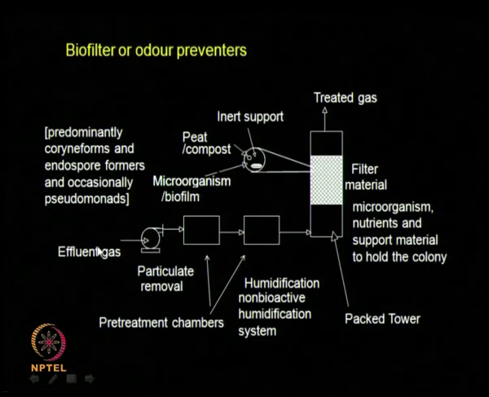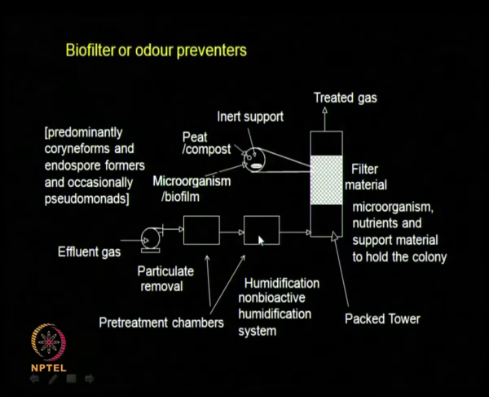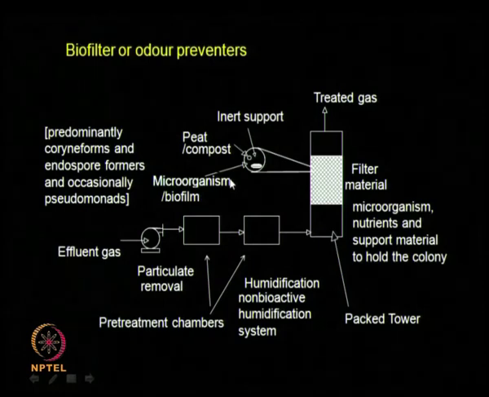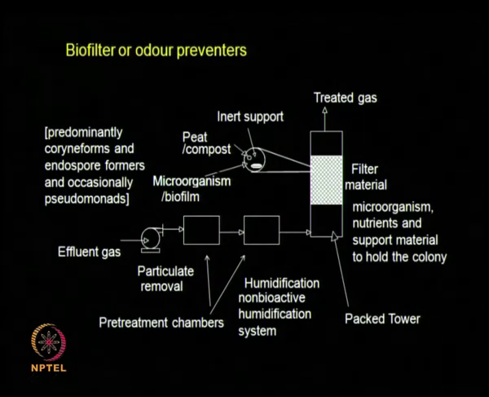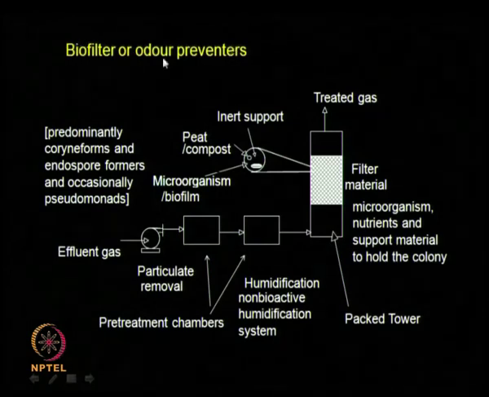So the effluent gas initially is filtered to remove all the particles, and then you may add humidification, that means you may spray a little bit of moisture so that the gas is a bit wet, and then when it travels through the column which contains a microorganism, the microorganism degrades the unwanted gas. So the treated gas comes out, which is free from that unwanted gas. This is called a biofilter or an odor preventer.